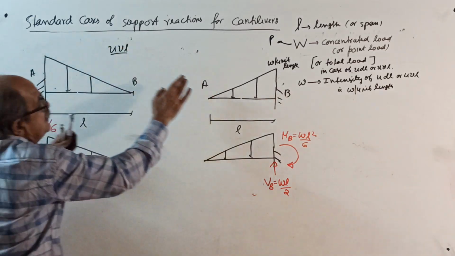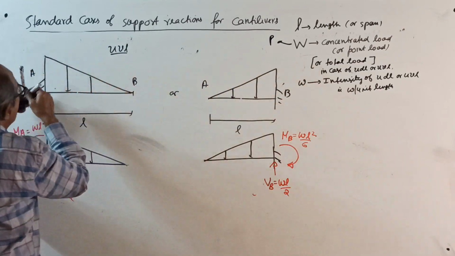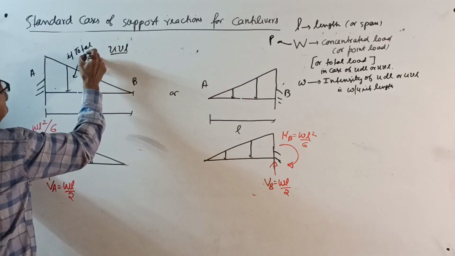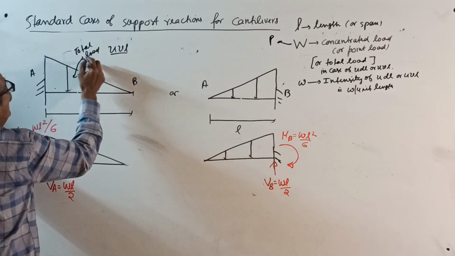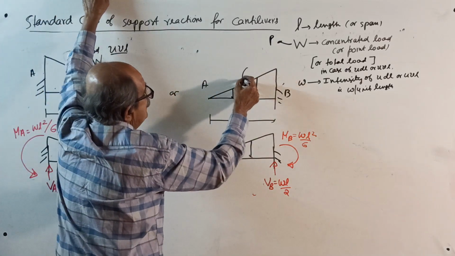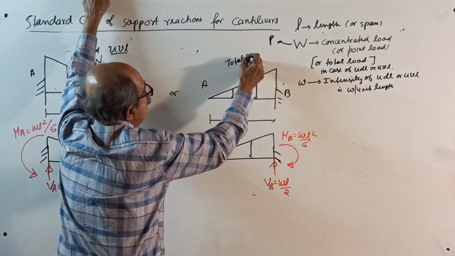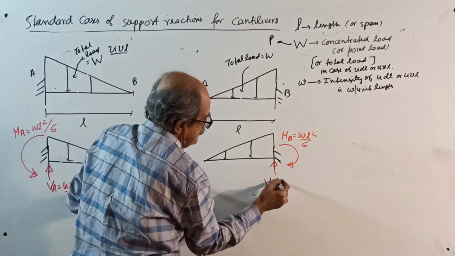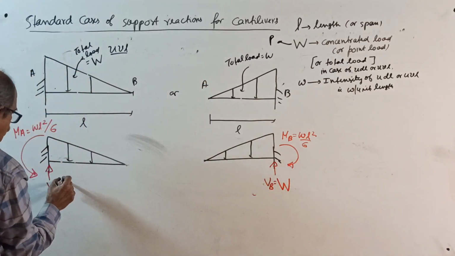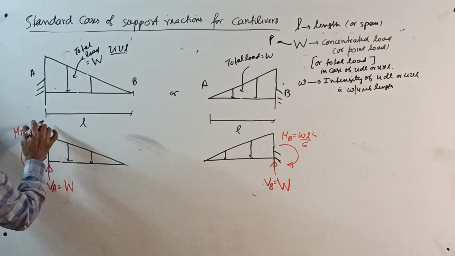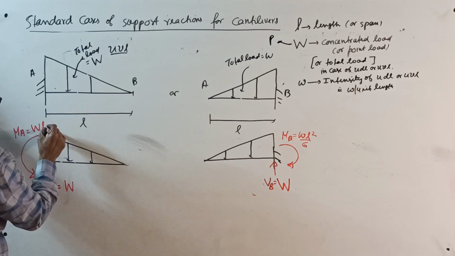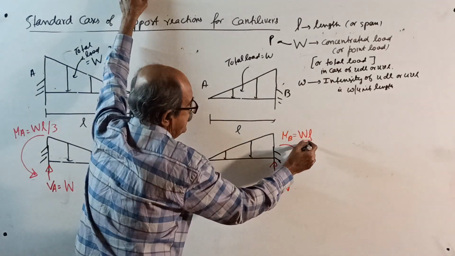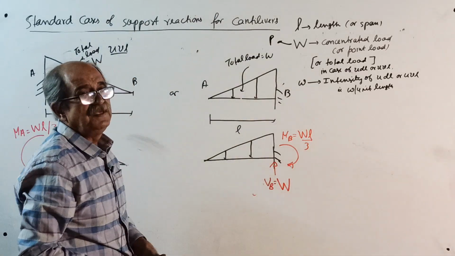Instead of intensity given, if by chance in the question the total load is given as W, in that case the answer is W into L by 3, that is W into 1/3 L. This is one case.